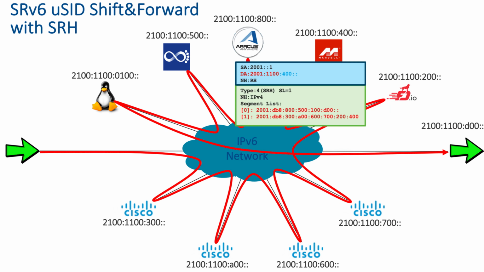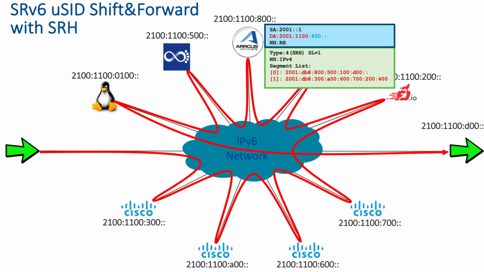Then packet will reach Marvell, and it sees that it's the last microSID in currently active carrier. But it also sees there is an SRH with segments left equal 1. So it will decrement segments left and copy next carrier into the destination address.